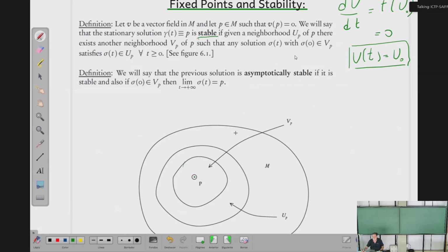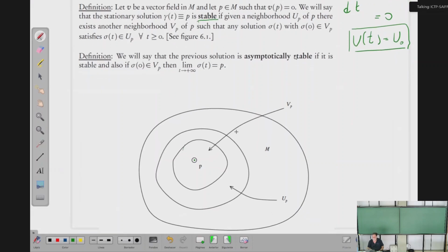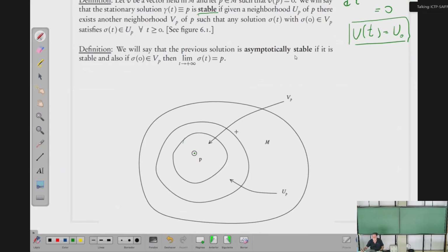The definition is the following. You will say that this point is stable if, given any neighborhood Up, this is the big one here, there exists another neighborhood Vp such that for any point here, the solution does not leave this neighborhood.